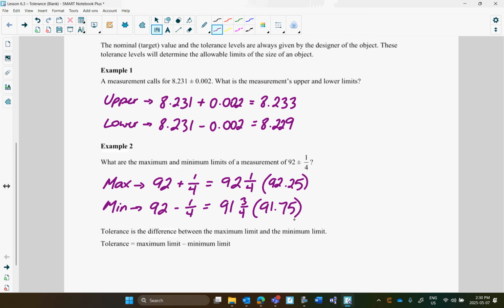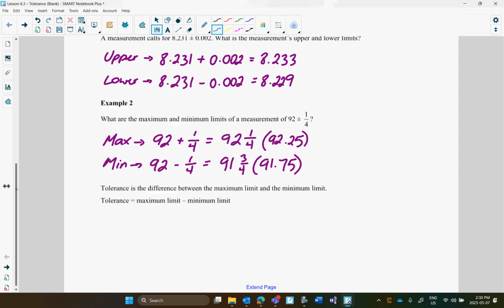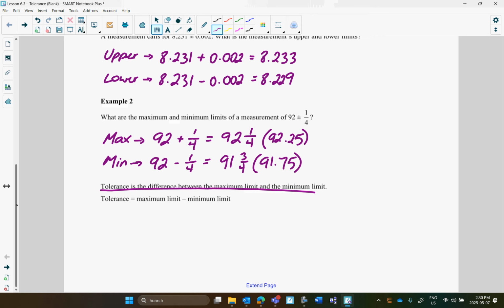So to calculate the tolerance, notice it says here, it's the difference between the maximum and the minimum limits. Okay, so you definitely want to, I don't think that formula is given to you, but we'll talk about creating reference sheets starting next week, because this is our last lesson.